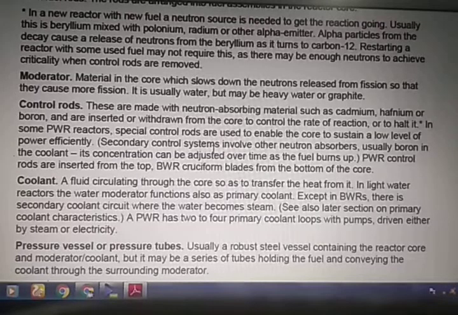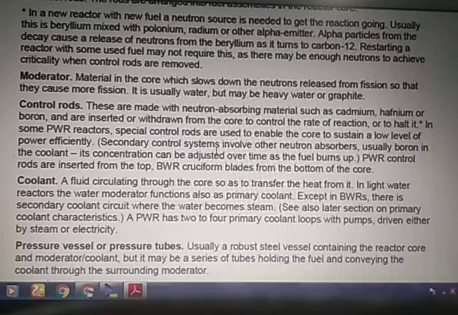In some special types of PWR reactor, special control rods are used to enable the core to sustain the controlled chain reaction.